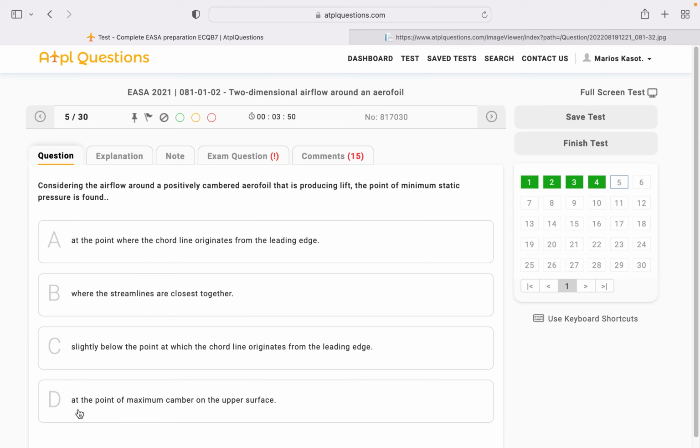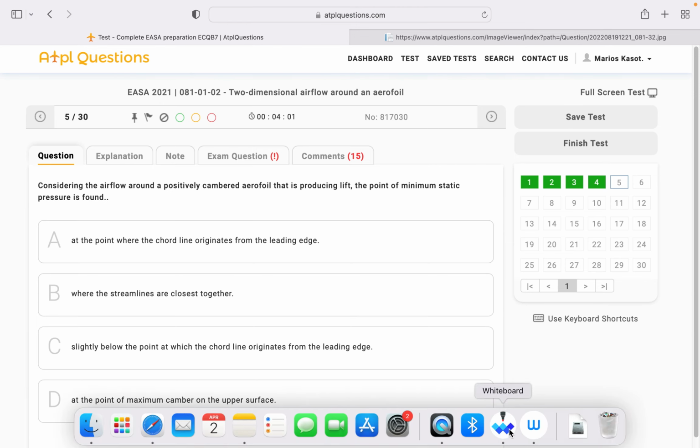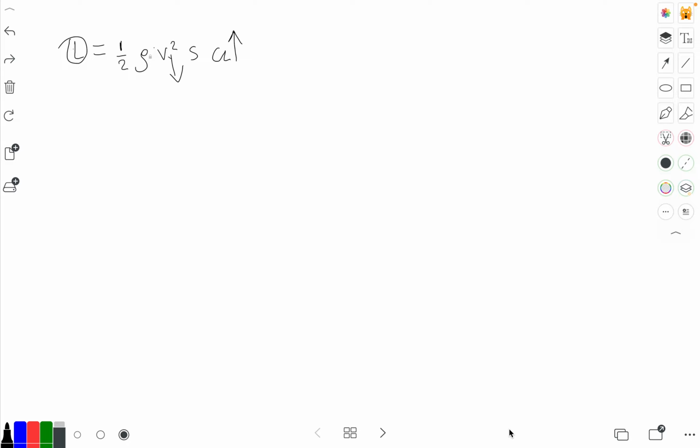B and D sound more correct, but let's draw the picture. This is the chord line, something like the chord line.